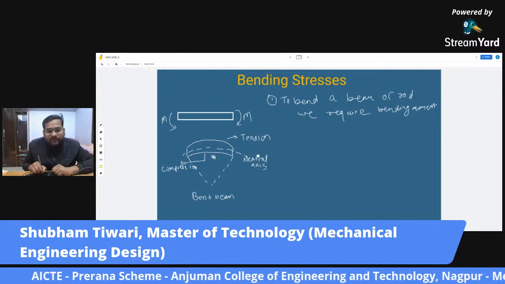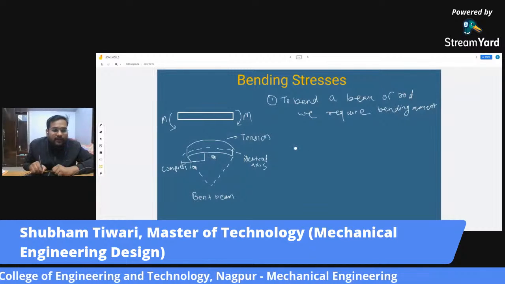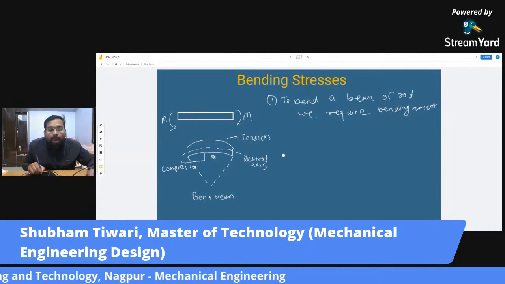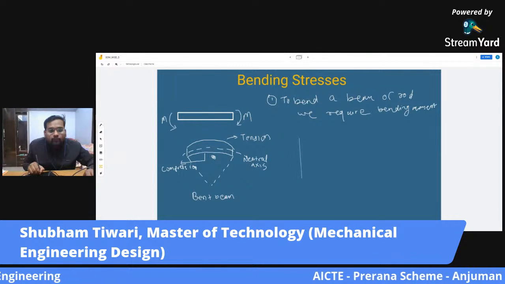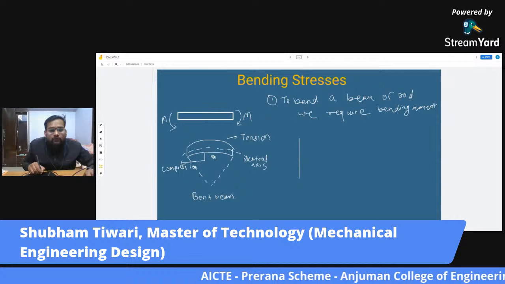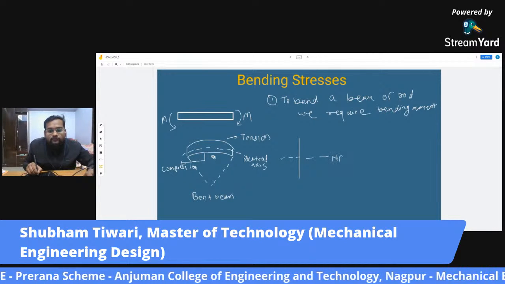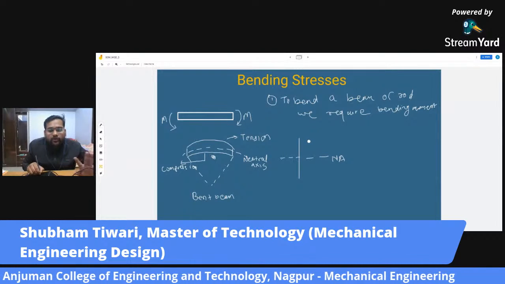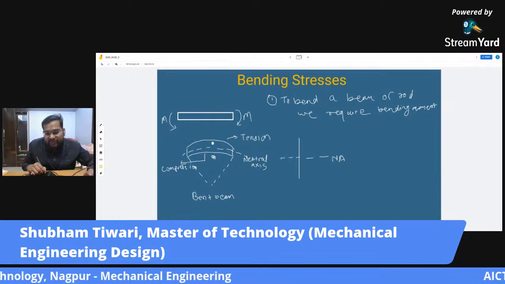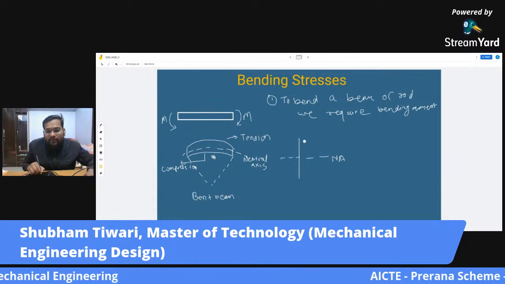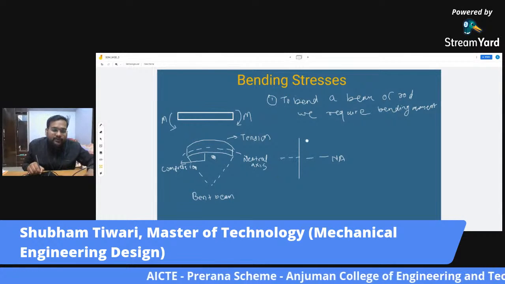If I have to draw the stress distribution diagram, it should be something like, wait a minute, let me draw. Okay, this line is our neutral axis, and above the neutral axis our layers are experiencing tensile stress. So on the positive side it will be tensile, and on the negative side it will be compressive stress.